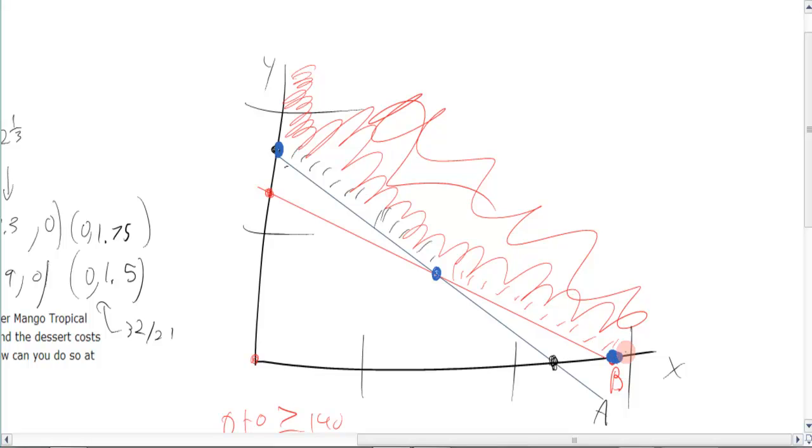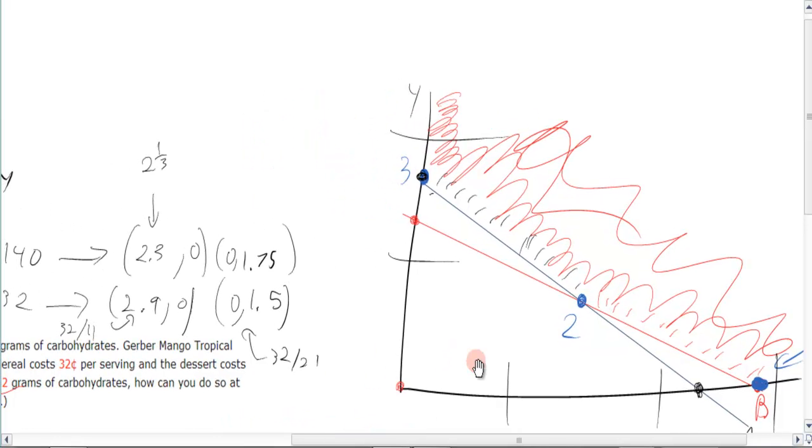We'll call these number 1, number 2, and number 3. We know 1 and 3 because those are our intercepts from over here. I wrote 1.5 for graphing, but I didn't lose sight of the fact that it's really 32 divided by 21. And this one I wrote 2.9 for my graphing, but it's actually 32 divided by 11.